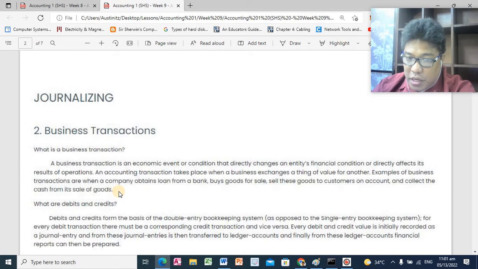An accounting transaction takes place when a business exchanges a thing of value for another. Examples of business transactions are when a company obtains a loan from a bank, buys goods for sale, sells these goods to customers on account, and collects the cash from its sales of goods. So anything where there is an exchange of value is considered a transaction.